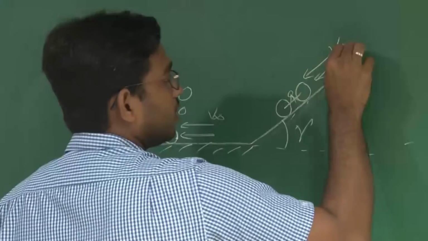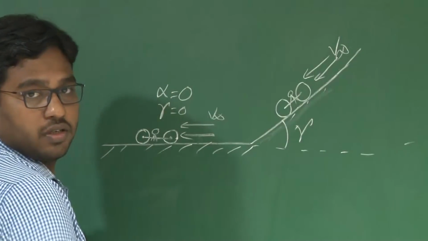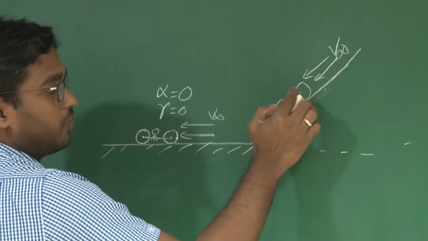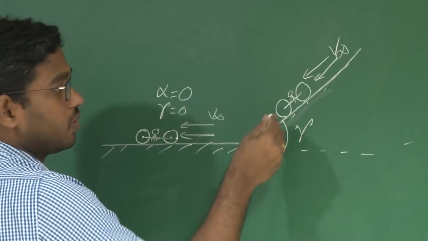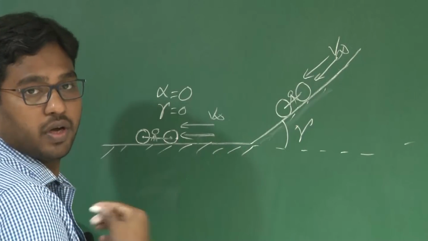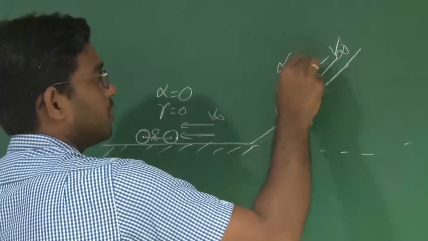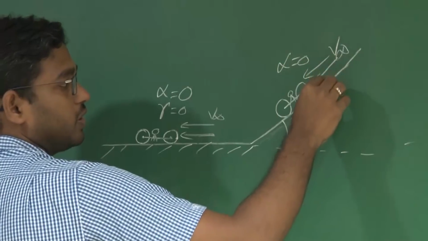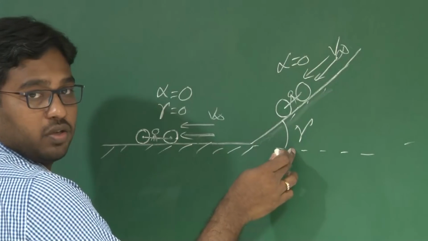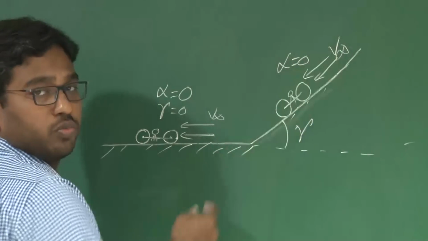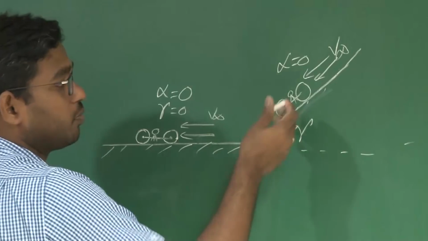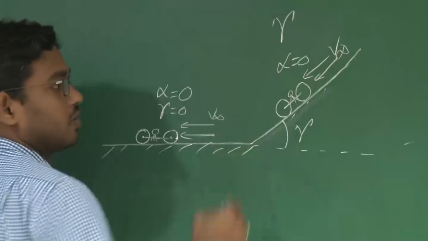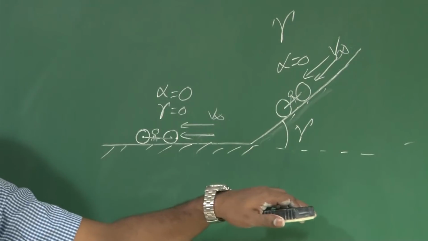Say this is my v infinity. Since I have equal diameter tires, I still face 0 angle of attack. Alpha is 0, but my free stream velocity is inclined at an angle gamma, which is nothing but the path in which I am moving. So the path is at gamma with respect to horizontal.